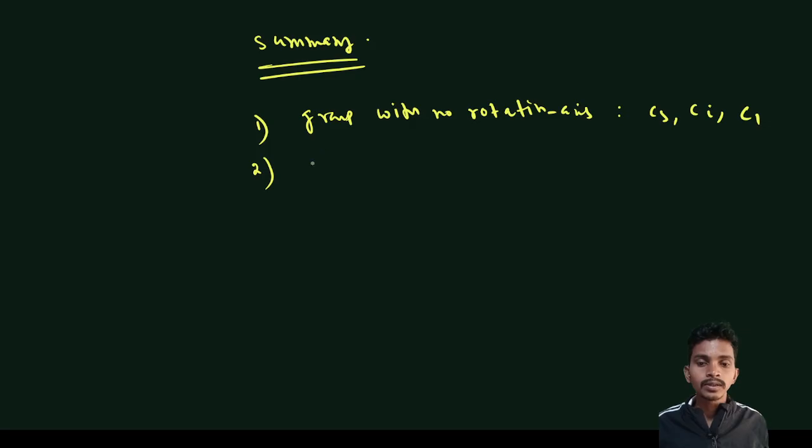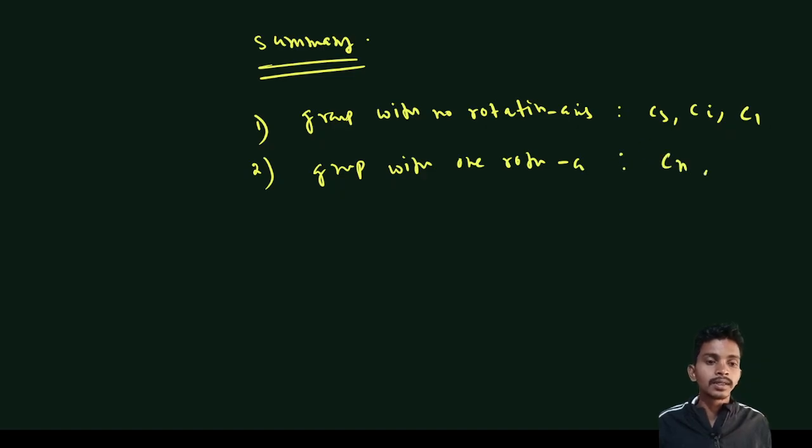And the second type we discussed is groups with one rotational axis, that is Cn, Cnv and Cnh.